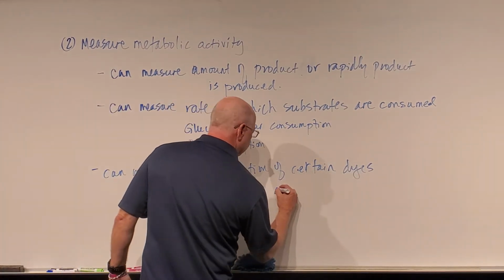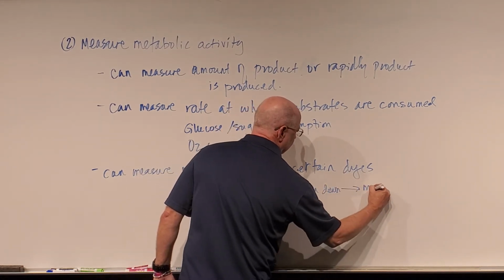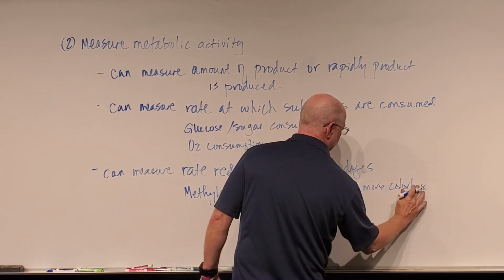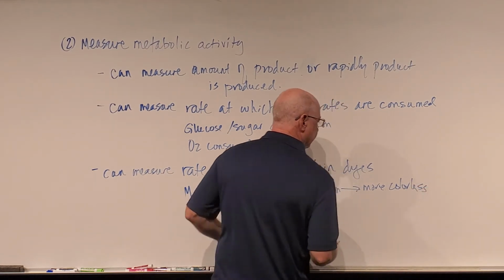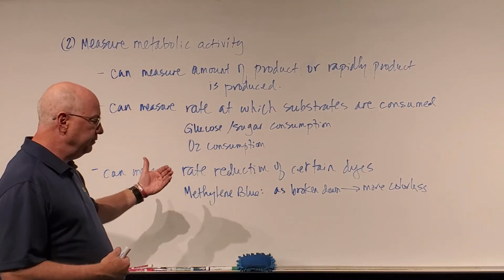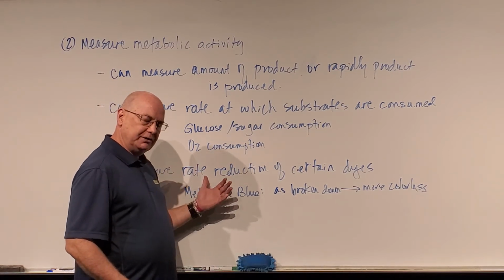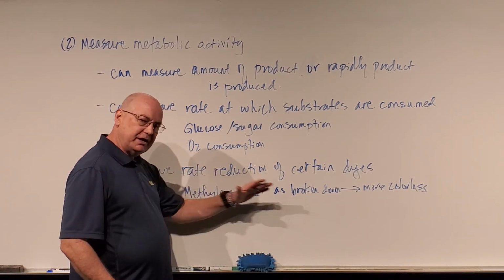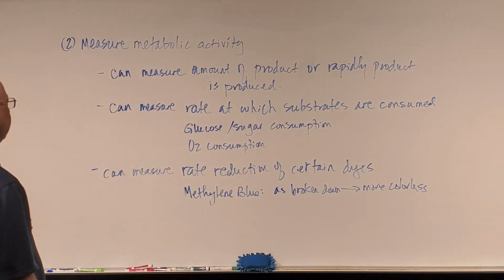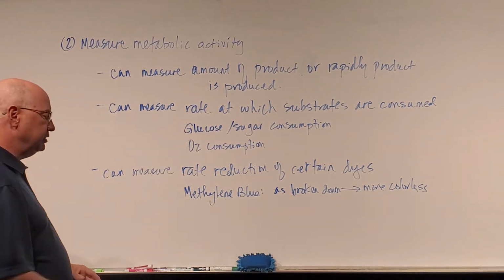As it's broken down, it becomes more colorless or loses color. So I can measure the rate of the reduction of methylene blue over a period of time for 2 different cultures, and if I have the same bacteria in 2 or more cultures, then the faster the blue disappears, I can assume the more cells there are. Again, these aren't always the best way to measure the number of cells, but they can tell us the abundance of them to some degree.